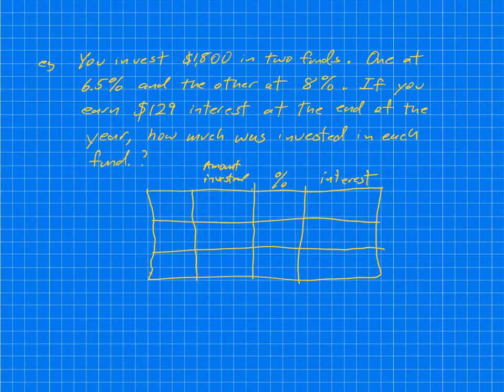So if you invested $100 at 10%, at the end of a year, typically, you would get 10 extra dollars to add to your 100. You take the amount you invested, 100, multiply it by the 10%, and you earn $10 in interest. So now you have 110.